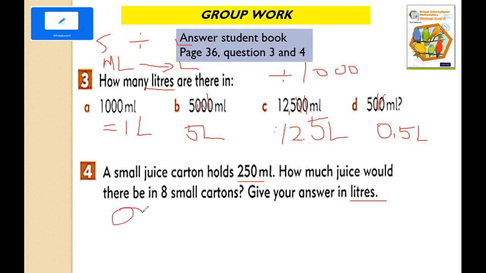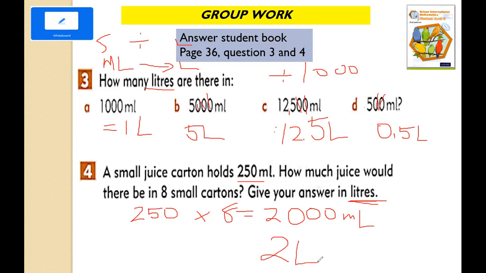Yes, we are going to multiply 250 times 8 equals 2,000 ml. But it should be written as liters, so it will be 2 liters. Okay, is that easy? I hope you did it correctly.